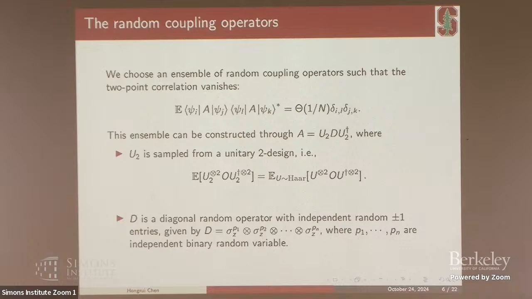And this can be realized by a tensor product of Pauli Z rotations. Basically, we have independent binary variables on each site, and if this variable is 1, we do a Z rotation, and if it's 0, we just do nothing. So overall, this random coupling operator can be constructed by this unitary design and the diagonal operator, and it can be realized on the quantum computer.